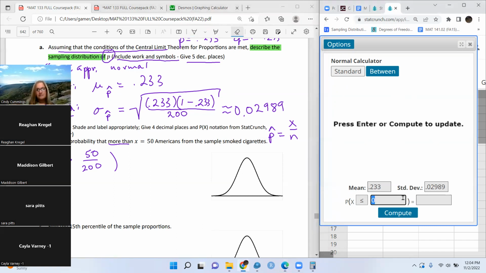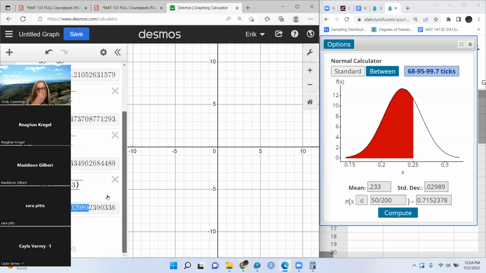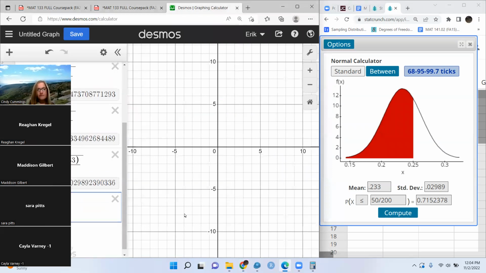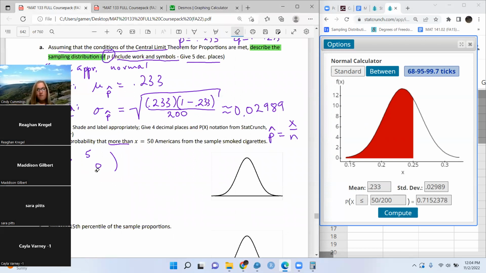And then in here, you can type that fraction 50 over 200 if you want. Now, if you prefer, we could go over to Desmos and do 50 over 200 and get that decimal. It's 0.25. So we could also write 0.25 if that feels better.